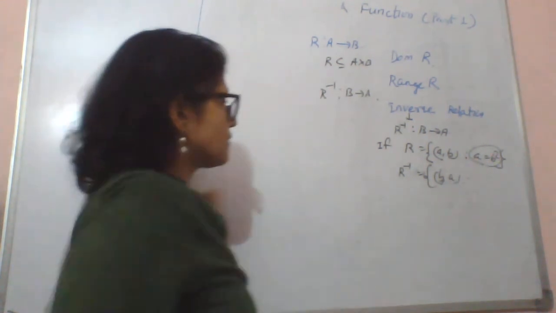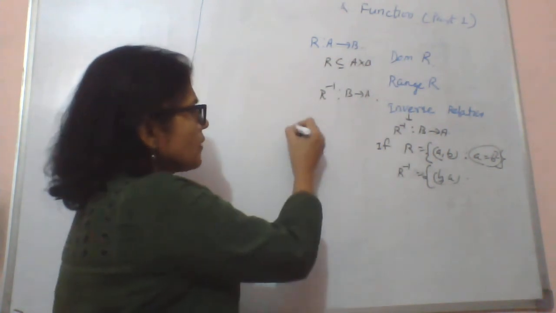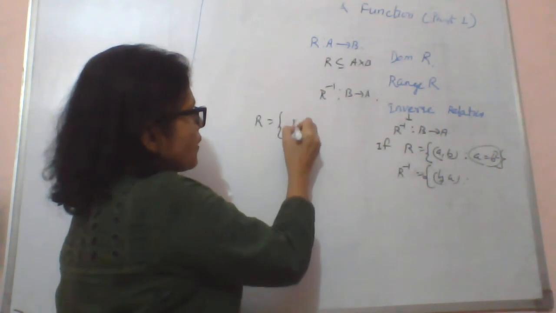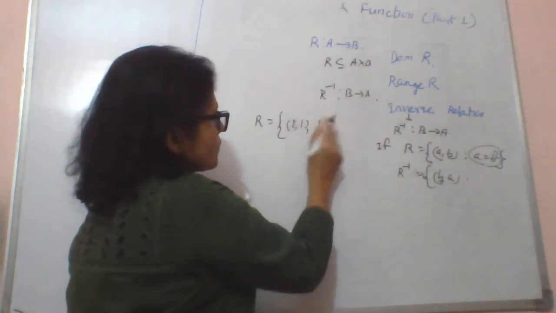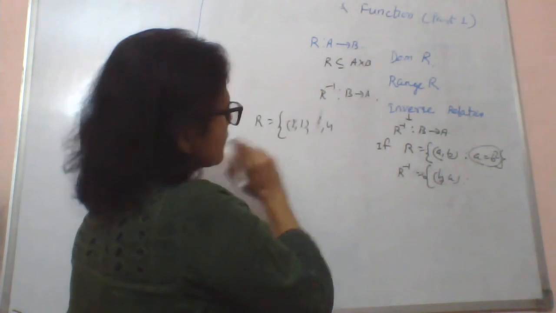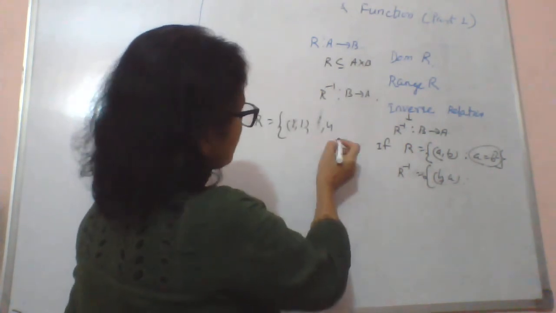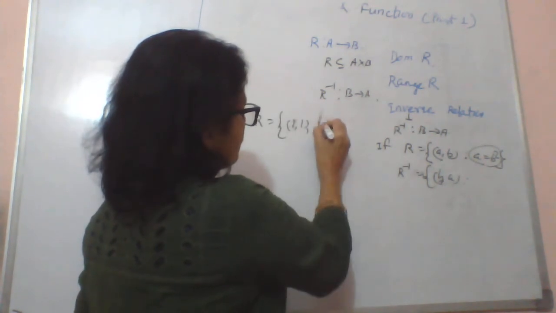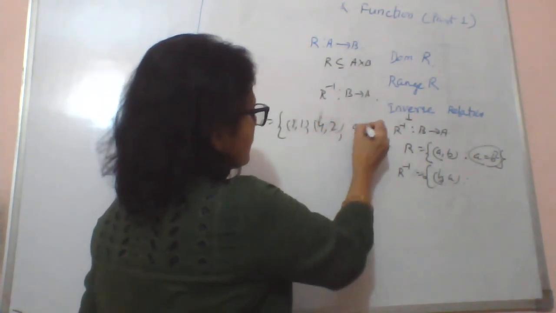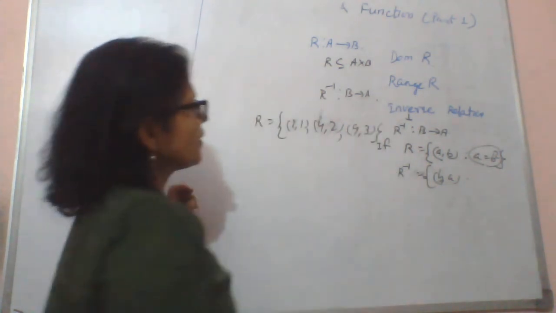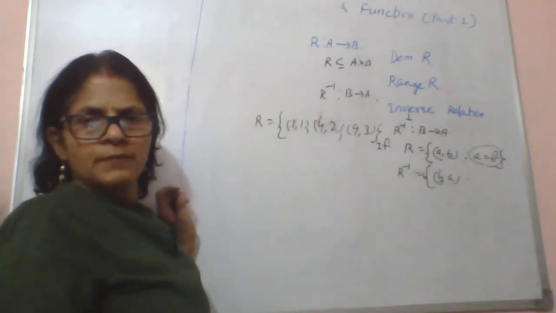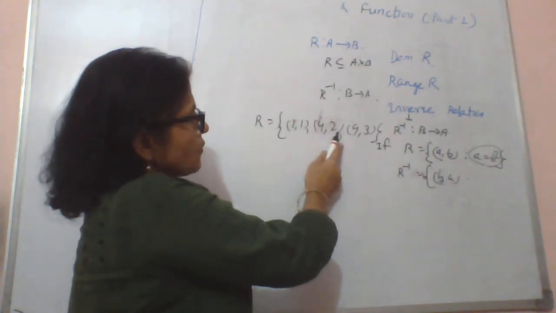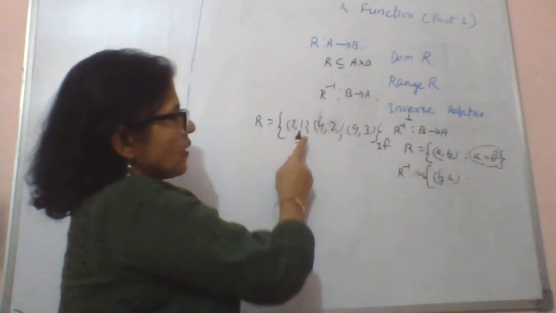For example, if I write the relation R as (1, 1), (4, 2), (9, 3), with a = b², okay, so A and B are predefined. If it is like this, a = b²: 2 squared is 4, 3 squared is 9, 1 squared is 1.